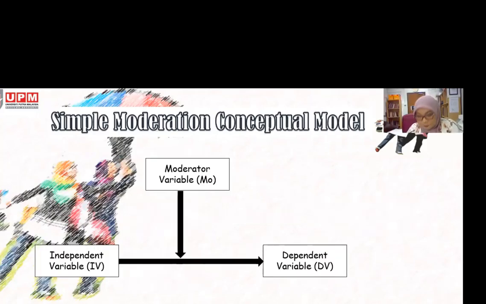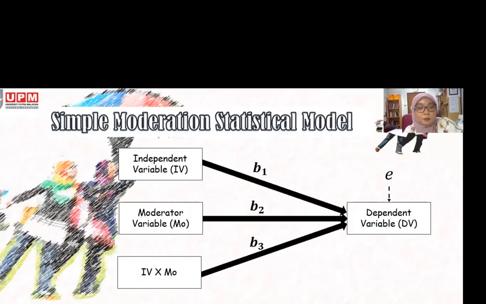But when it comes to practice, on how we are going to analyze the moderation model, this is how it looks. We have the independent variable, and then we get the beta 1 value here. Then the moderator variable, and we get the beta 2 value.